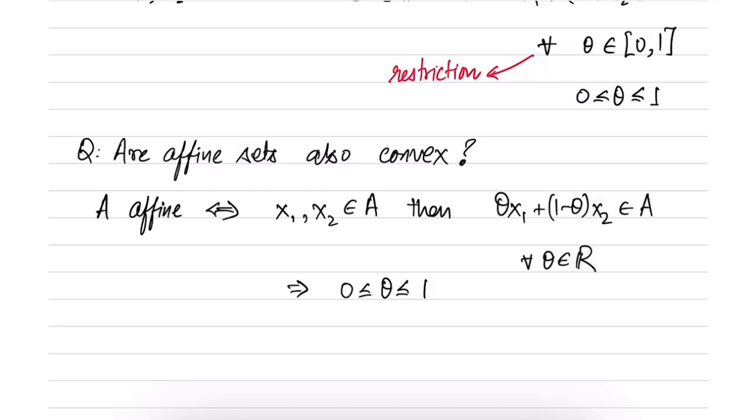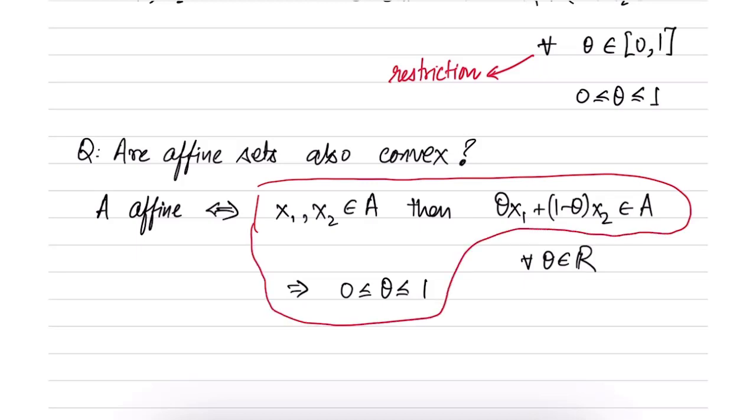For convex sets, we required that for x1, x2 in a set, theta times x1 plus 1 minus theta times x2 should belong to A for theta between 0 and 1. So in other words, we have concluded from here that given a set A which is affine, it must also be convex because it satisfies the definition of a convex set.